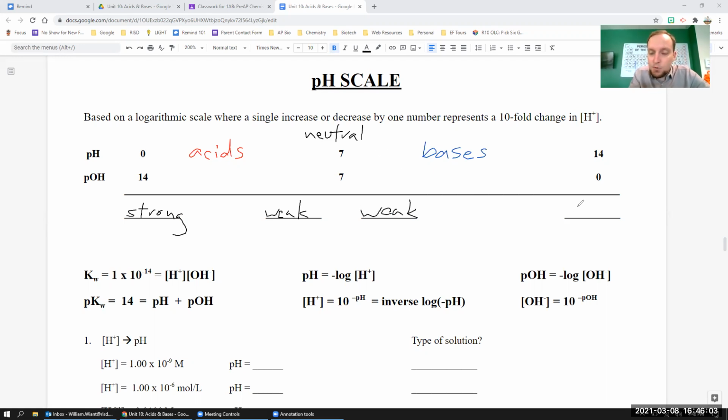And anything closer to 14, like 14, 13, or 12, is going to be considered a very strong base. So as you guys can see, as you get closer to 7, you become a weaker acid or base. And as you go further away, they become stronger, the two extremes being on either end. So that is 0 to 14 on the pH scale. Again, 7 being neutral right there in the center.